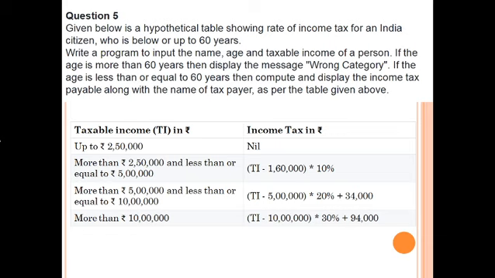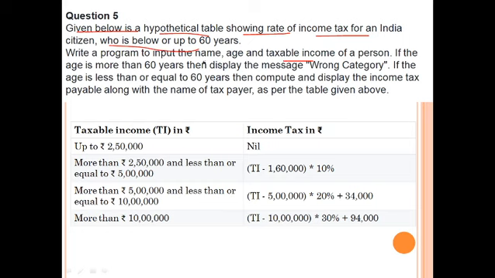Given below is a hypothetical table showing the rate of income tax for an Indian citizen who is up to 60 years. Now write a program to input the name, age, and taxable income.